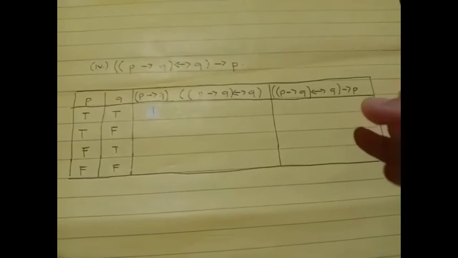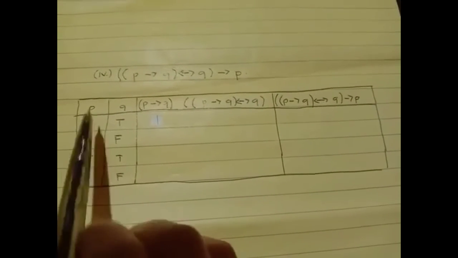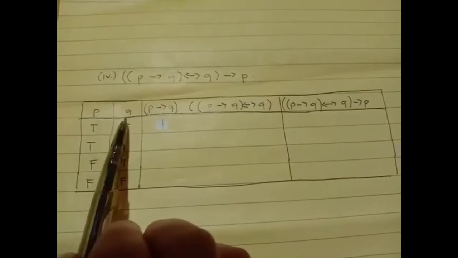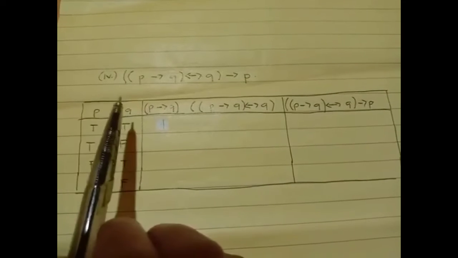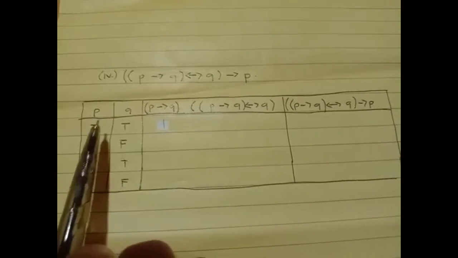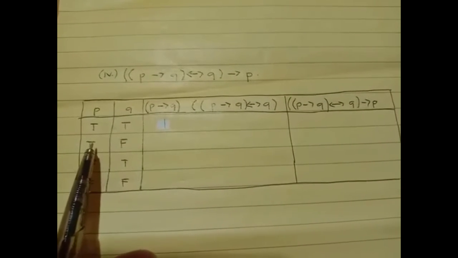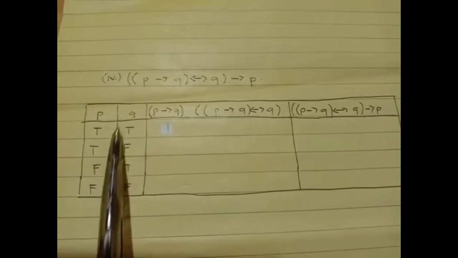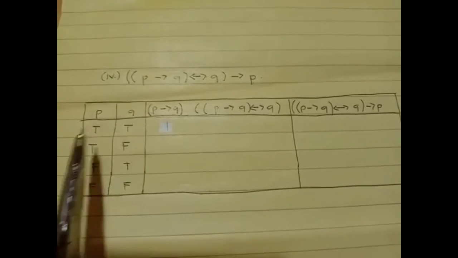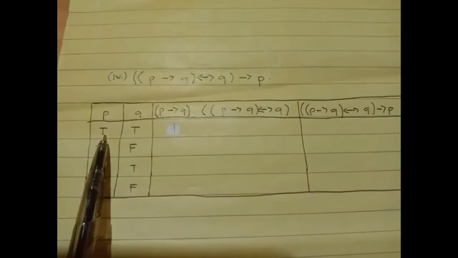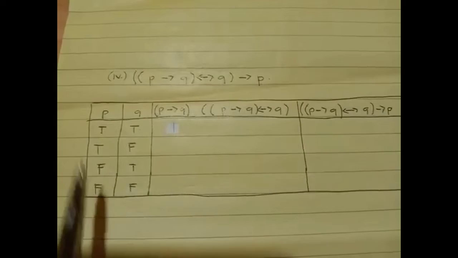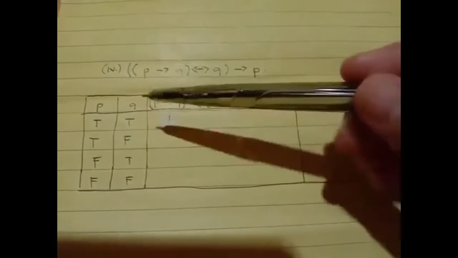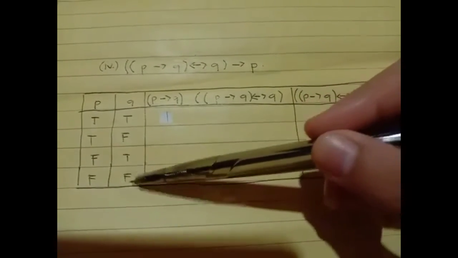So here's our truth table. In these columns we have P and Q, the truth values of P and Q. For P we have true, true, false, false, and for Q we have true, false, true, false.